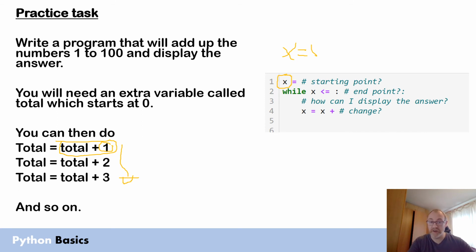So instead of putting plus 1 there, you can simply put x, and you only need it once then. So hopefully that's given you an idea how to structure your answer. Have a go. I've got my worked solution on the next part of this video.